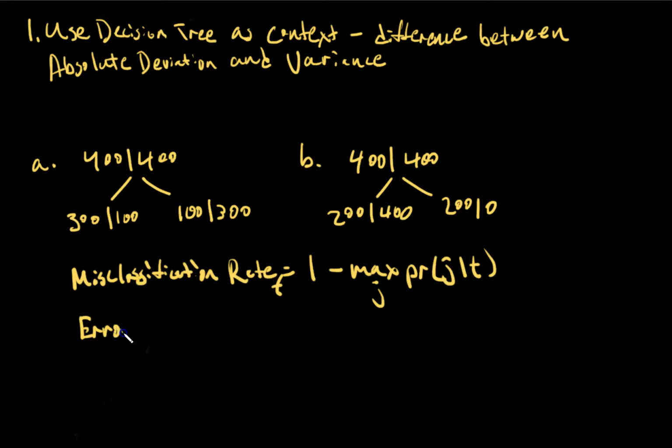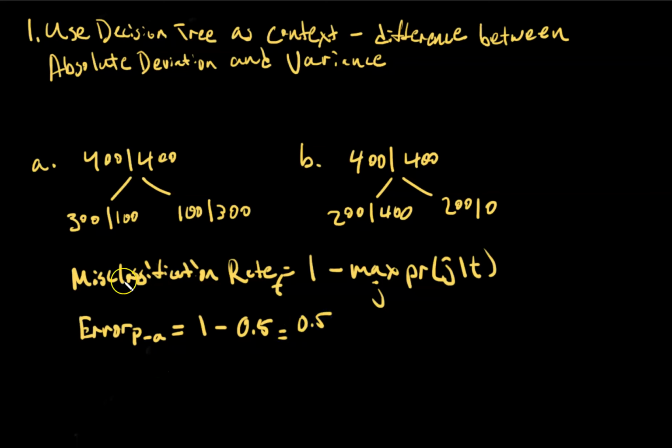So error of the parent of A, so we're talking about this guy right here, is equal to 1 minus... Both classes are the majority class, so we can pick either one of them. Let's say we use class 1, so it'll be 400 divided by the total amount, which is 800. Then this fraction right here will be 0.5. So then the error rate is 0.5.